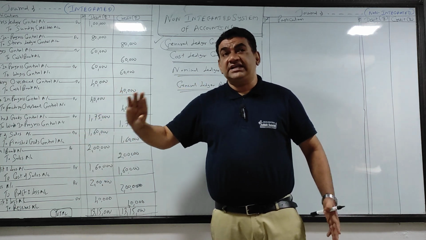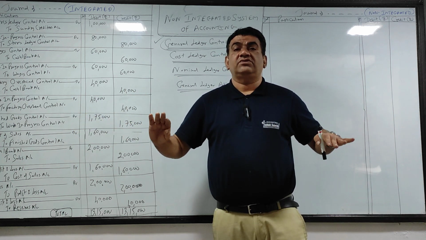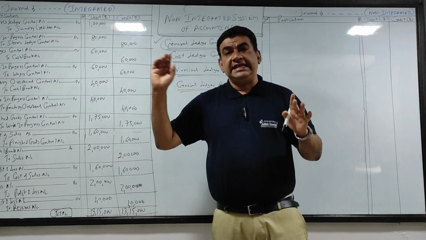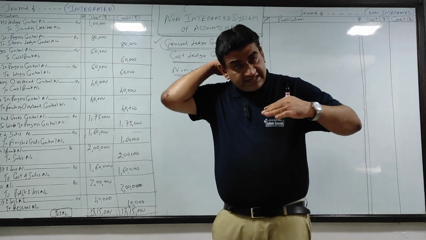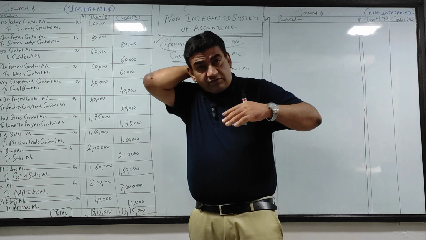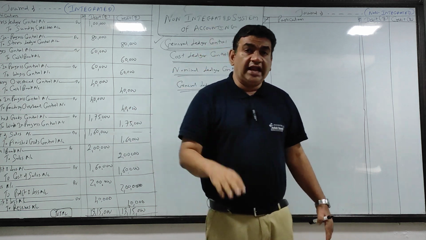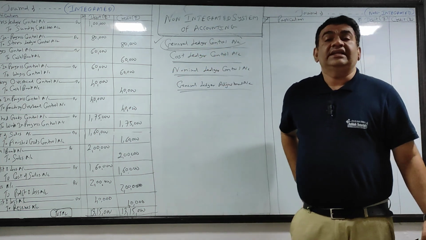So a separate set of financial accounts, a separate set of cost accounts is non-integrated. No company will follow both, either integrated or non-integrated. As I told you, if the company's scale of transactions, the volume of transactions, is more, they will follow non-integrated. And if the volume of transactions is less, they will follow integrated.